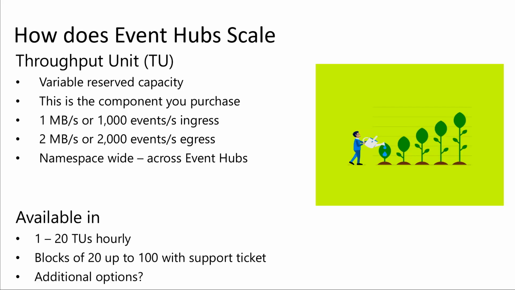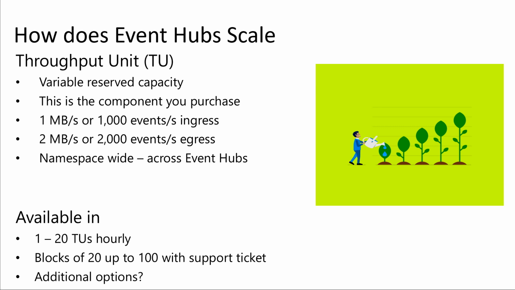What it entitles you to is 1 MB per second or 1,000 messages per second ingress, and 2 MB per second or 2,000 messages per second egress. And the throughput units are available at the namespace level. A namespace lets you do an FQDN type of thing, and it's available irrespective of the number of event hubs that you create under that particular namespace.